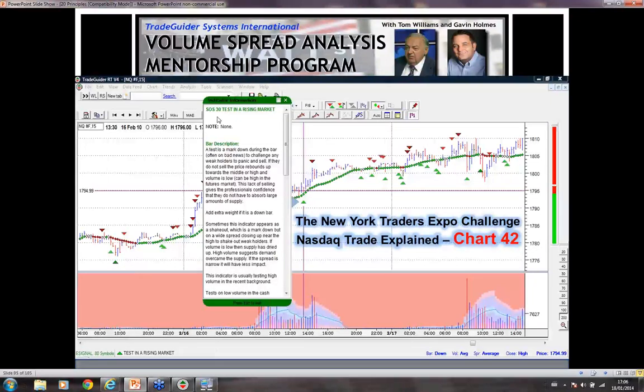Okay, when you see no supply in the market, really you want the next bar to close higher, which it should do. And as long as that next bar is closed higher than the close of the no supply bar, then you can go long. Okay, good. Good question. Any other questions? That's a good question. Any others before we move on?